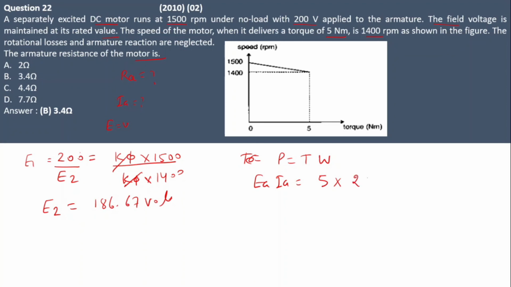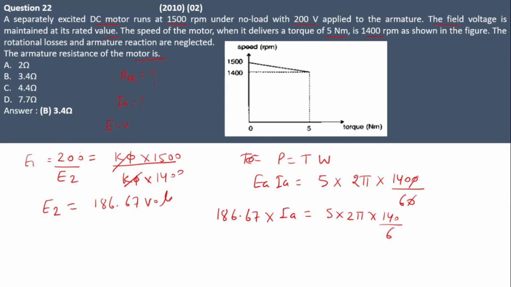Omega is 2 pi into N by 60, speed is 1400 rpm, and Ea you have calculated 186.67. Current, is it given to you? How much current? You have to calculate Ia. Ia you can easily calculate, I will tell you how.